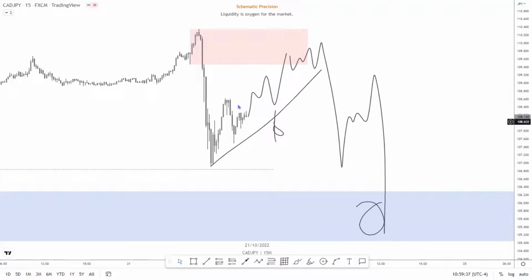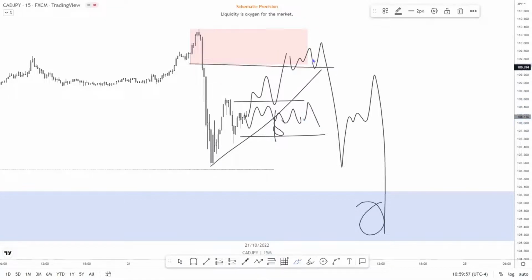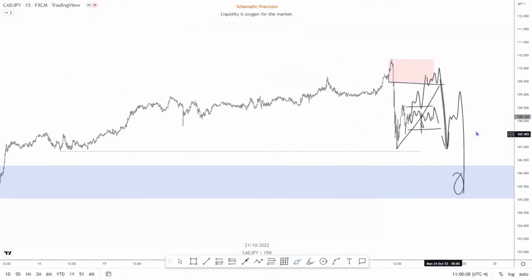Otherwise, don't do anything, because market can make internal structures or can range for weeks in a range. So we don't want to be stuck in those situations. So if price comes higher, mitigates and gives us some criteria to enter into the market, then we'll look for shorts. That's all I can see on CADJPY.